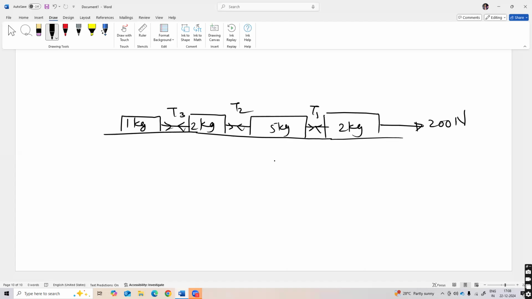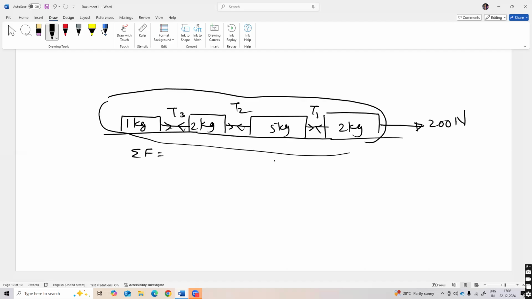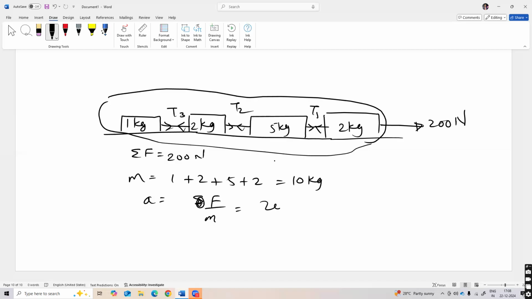Again here, if you consider this whole system, the net force acting on it is 200 Newton. Mass of this system is 1 plus 2 plus 5 plus 2, so it is equal to 10 kg. Therefore acceleration is force upon mass, that is 200 upon 10, which is equal to 20 meter per second square.